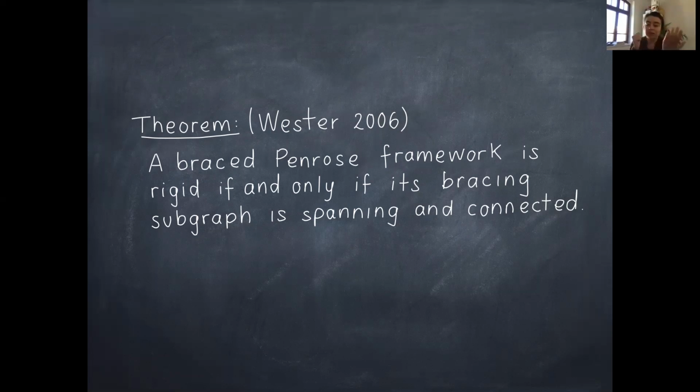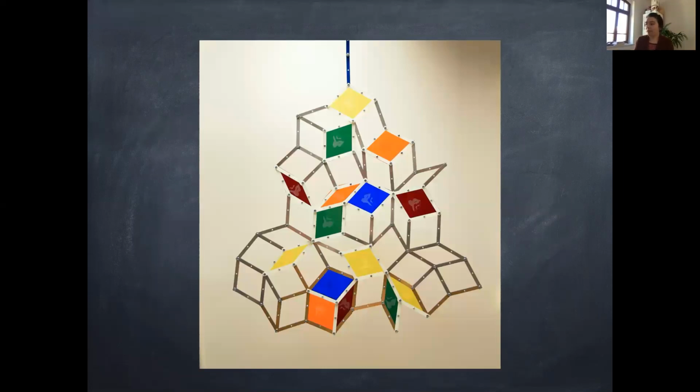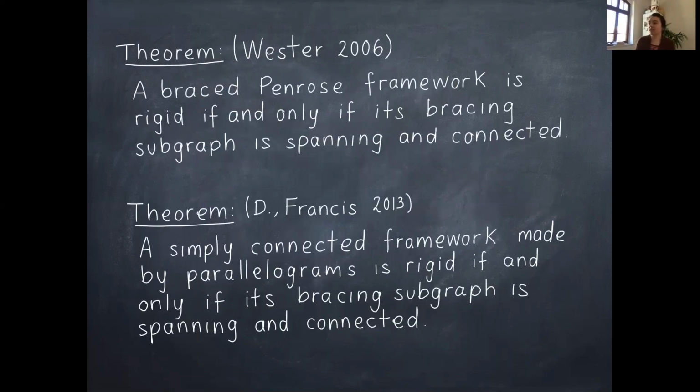But as you saw for the previous case, you can have grid-like structures where you don't care too much about the lengths of the bars so long as they are still parallelograms when they deform. So what we noticed is that we can generalize Wester's theorem a little bit more to say that a simply connected framework made by parallelograms is rigid if and only if its bracing subgraph is spanning and connected.